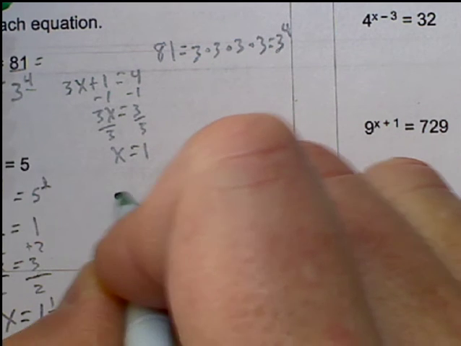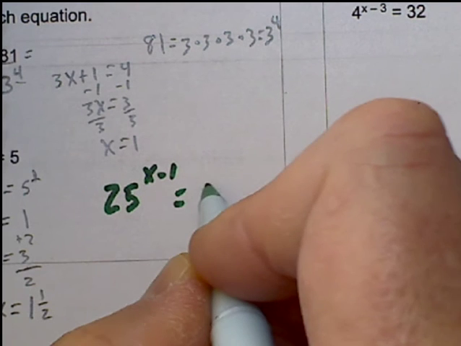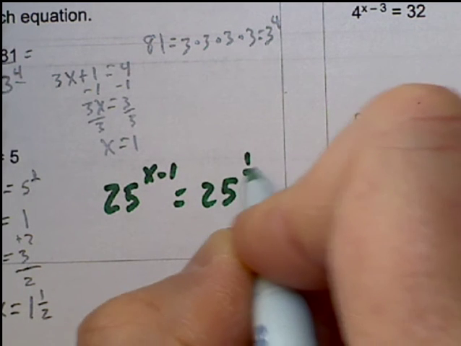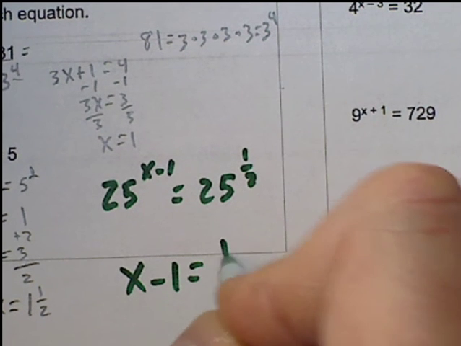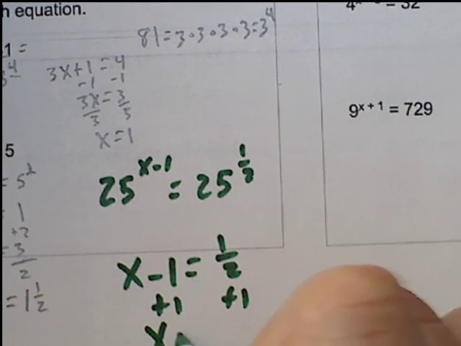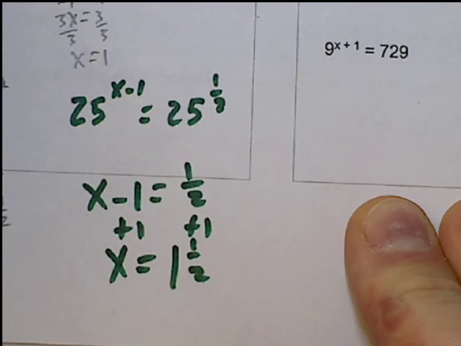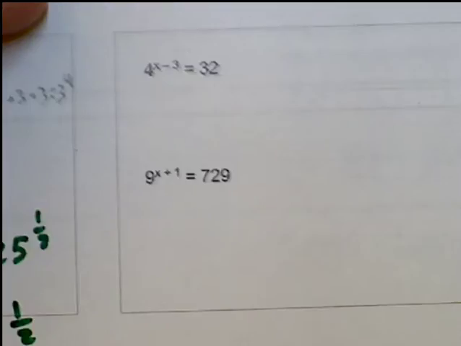So if you had 25 to the x minus 1 equals 25 to the 1/2, then you'd have x minus 1 equals 1/2, right? Add 1, so x equals 1 and 1/2. Yep, that works. I didn't think of it that way. Good job. All right.